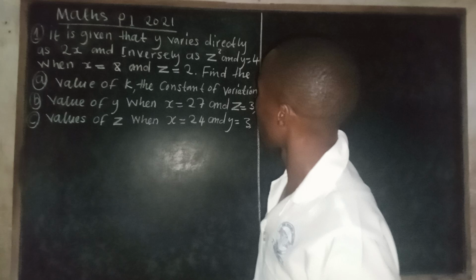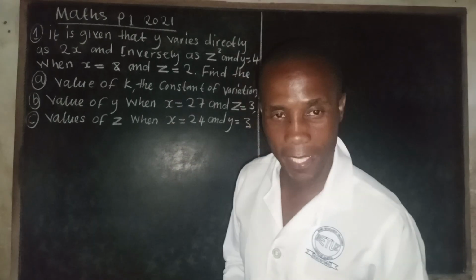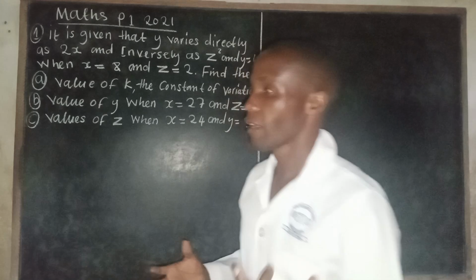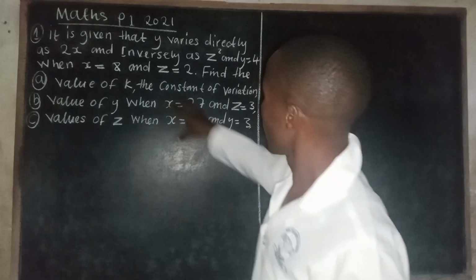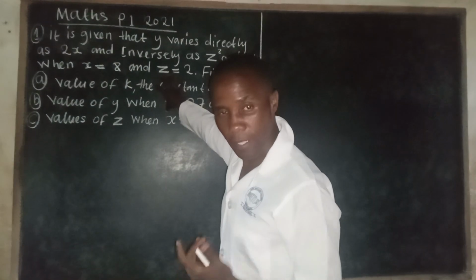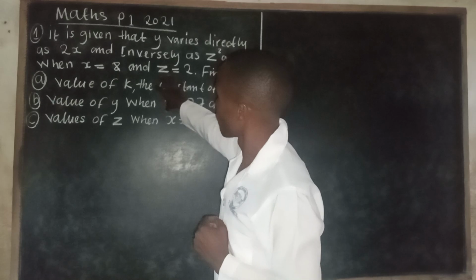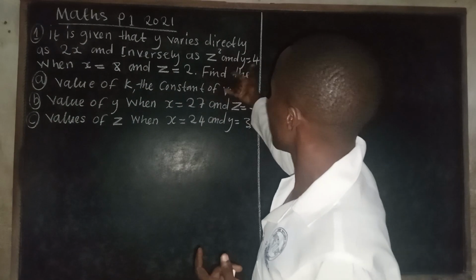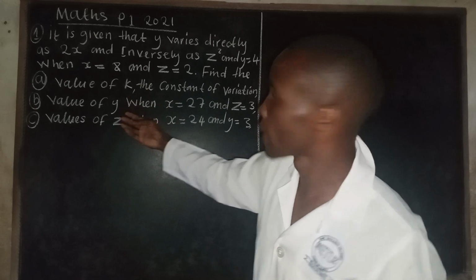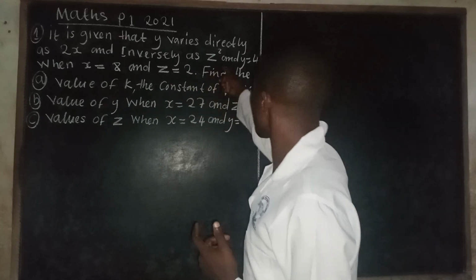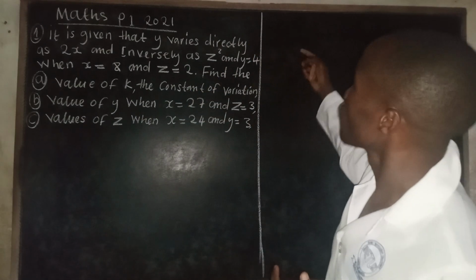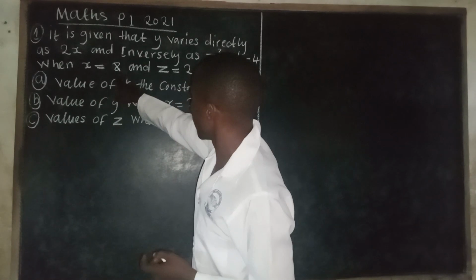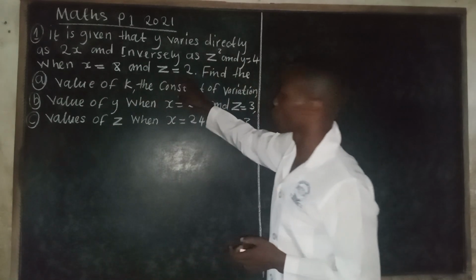Now let me go through the question and see the topic where this particular question was coming from. It is given that y varies directly as 2x and inversely as z squared, and y is equal to 4 when x is equal to 8 and z is equal to 2.